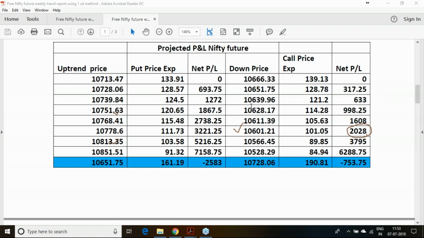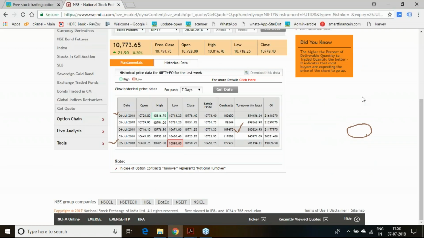Then the uptrend breakout happened. Prices moved up and went to the 728 level. And if you look at the levels we achieved on Friday, we achieved 10,817. This is the high from the most authentic NSE site that I am taking.